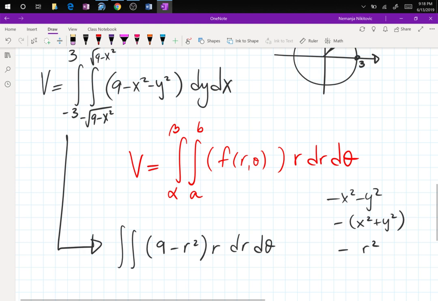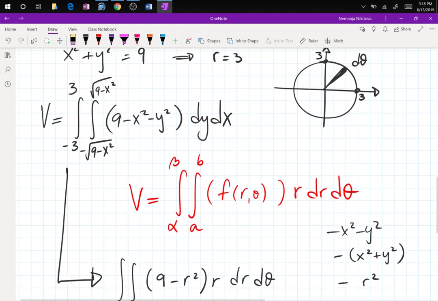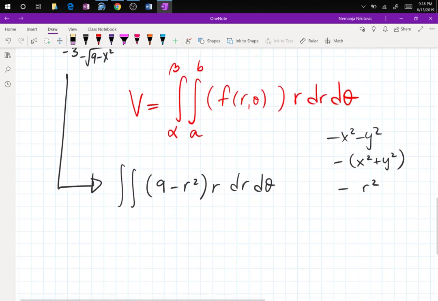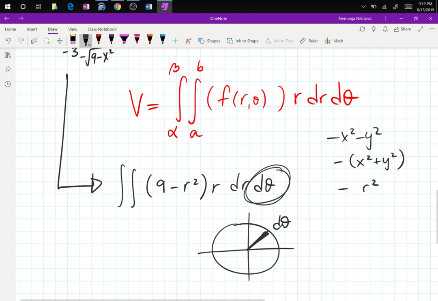Limits are a joke. My radius, when you look at this d theta representative slice, I'll draw another one here and then I'll erase it. So if I take a look at my representative d theta, always the one at the end is the representative, the representative pizza slice. In order for me to see what angles we're going to use, well, we're going to use the full circle.